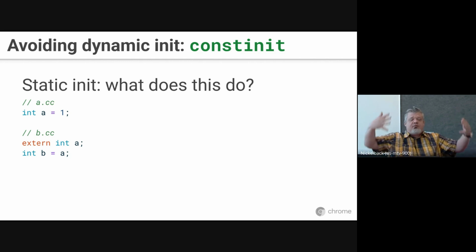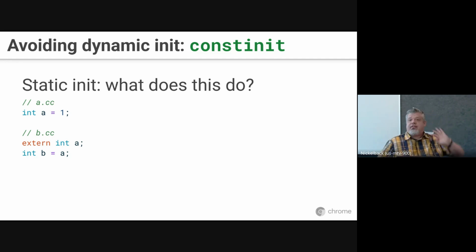Here we have some sample code where in 2 different files we've put 2 different variables, and we've made the initialization of one depend on the other. As humans, this dependency is kind of obvious, and we know what we want this code to do. We want A to be 1, and then B to be A, which is 1. So both B and A should be 1.